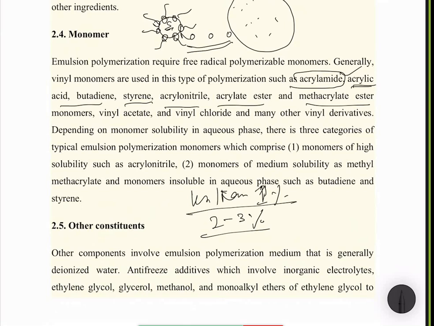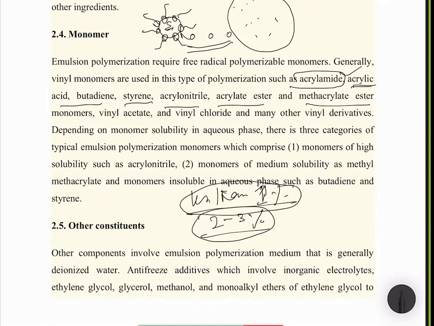If you have less than 1% water solubility of the monomer, then the initiation process takes place in the monomer-swollen micelle. Whereas if you have 2 to 3% solubility of the monomer in water, then the initiation of polymerization can take place in the water.